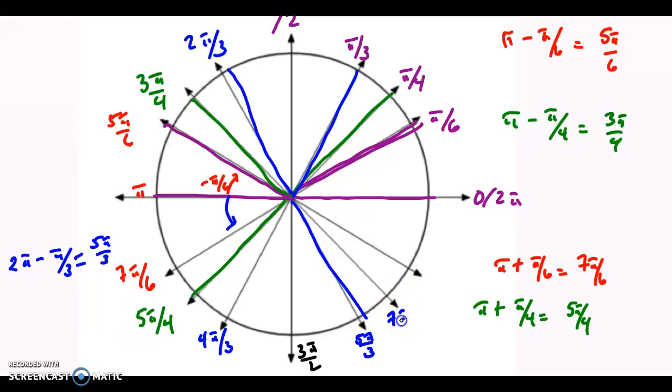And I'm going to leave the rest to you. That's how we're going to get 7 pi over 4 and 11 pi over 6. I'm going to change the colors so they line up with the reference angles. And again, the reference angles will only be those angles in the first quadrant. Let's see, we have a green. And we have a red.